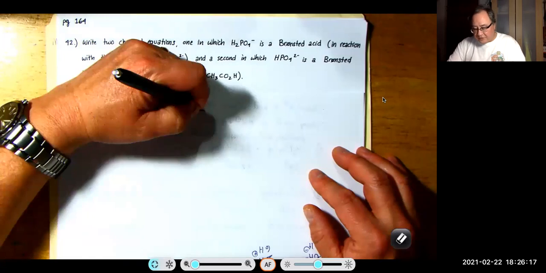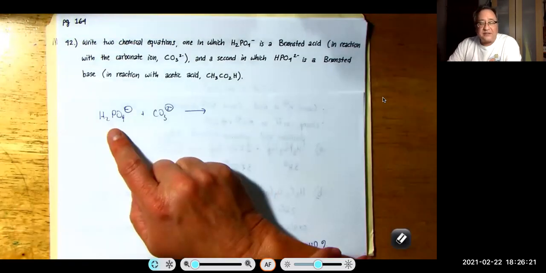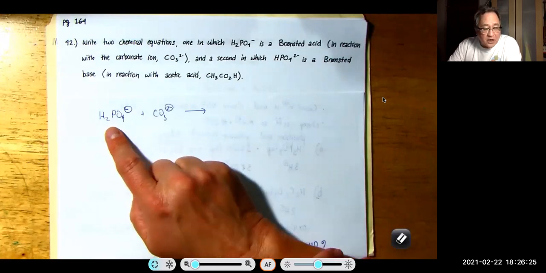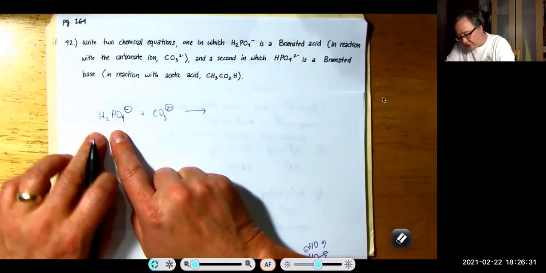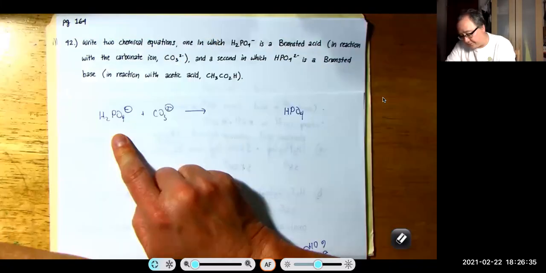So the definition of a Bronsted acid is one that is a proton donor. So this guy's going to donate a proton, which means it's going to lose a proton. When it loses a proton, it becomes HPO4 2-.